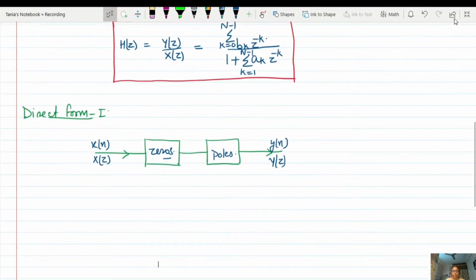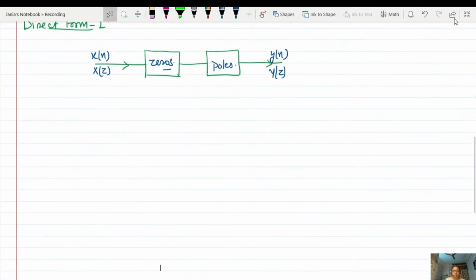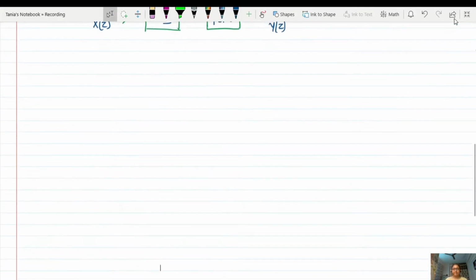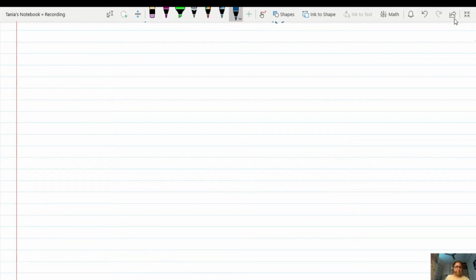If we want to realize our generalized equation with direct form 1, how can we realize it? For example, this is our x of n.